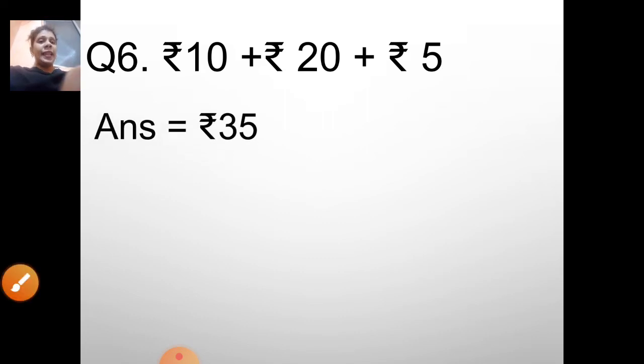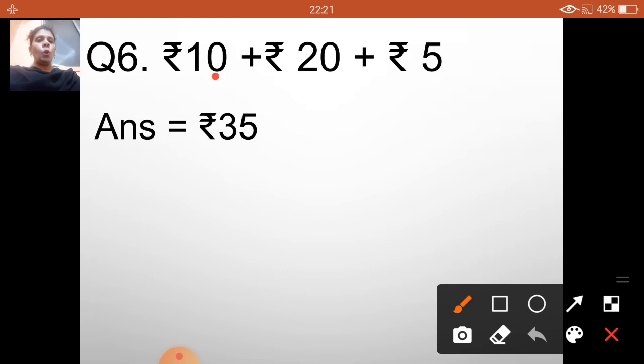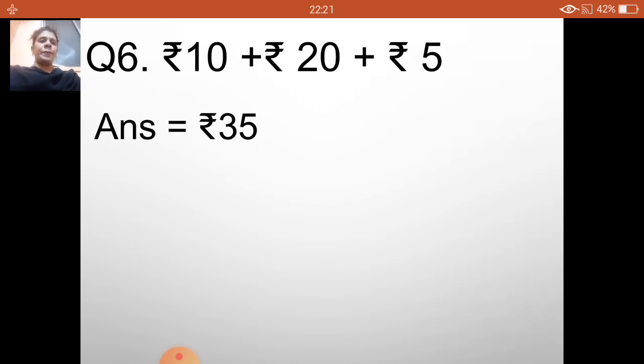Correct. So one 10 rupee note, one 20 rupee note and one 5 rupee note will be total rupees 35.